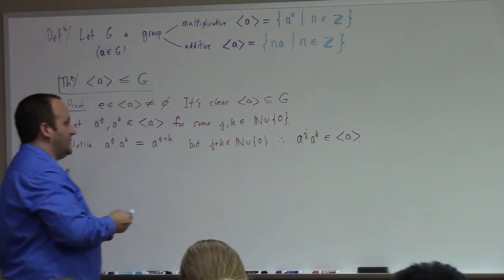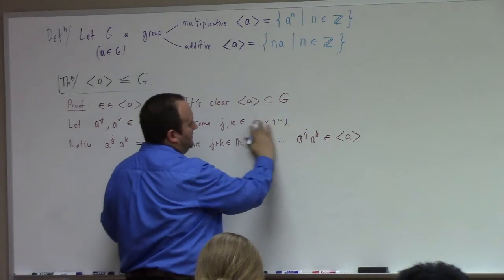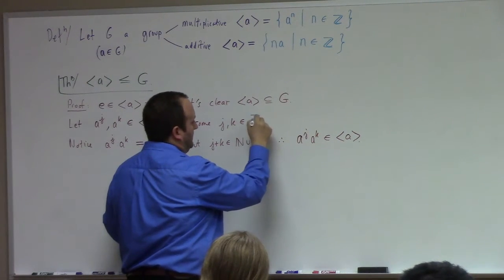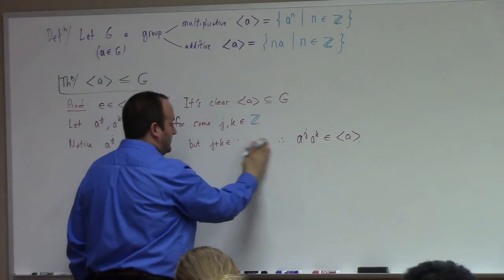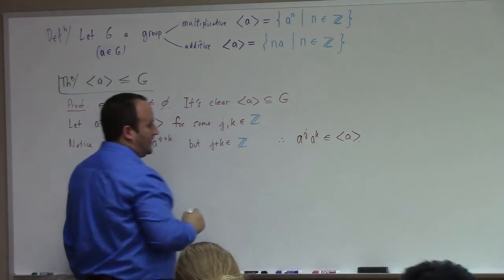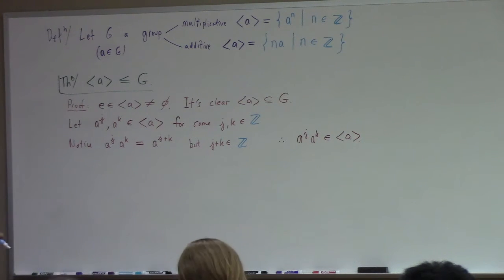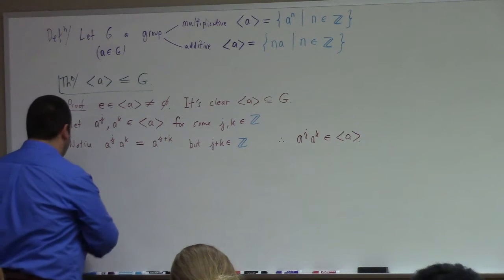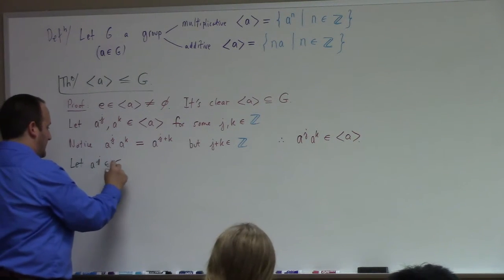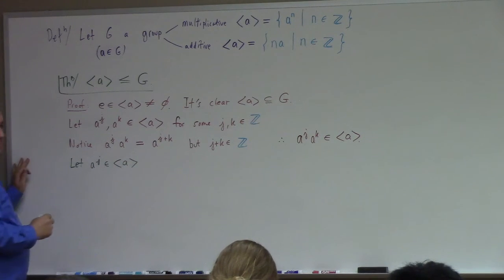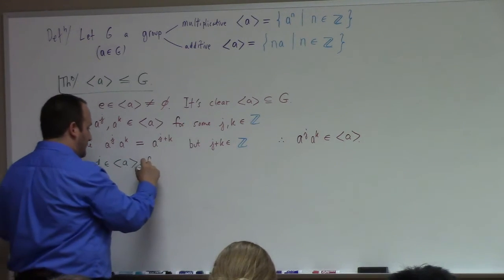So in this proof, I shouldn't do the natural numbers union 0, I should do the integers, right? But good news, the sum of integers is again an integer, so no harm is done. This becomes more mission critical in the next part of the argument, right? Let a to the j be an element of the cyclic subgroup generated by A for some j in the integers, right?